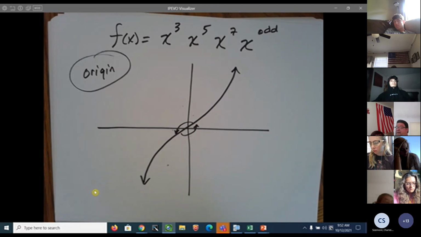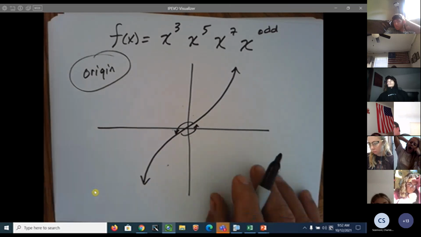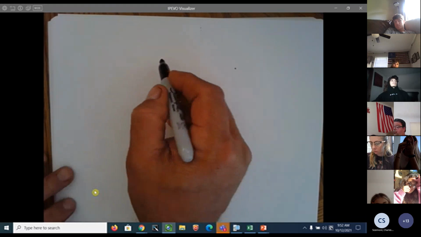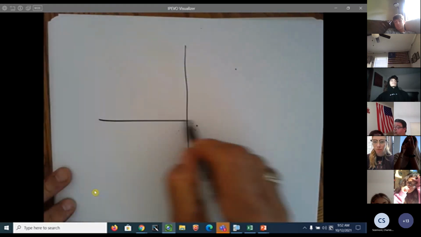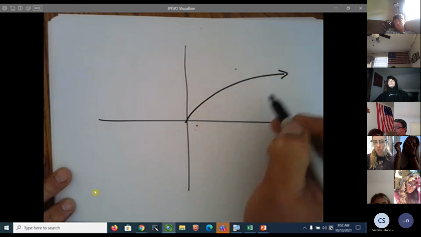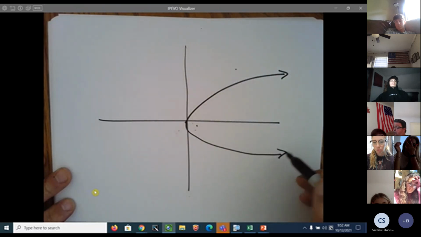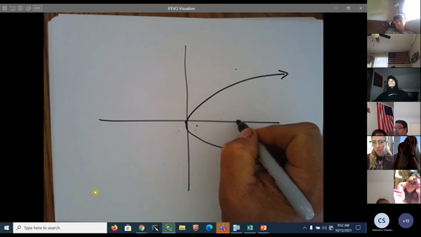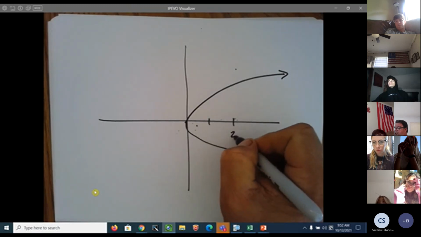Now, if you have a function that is symmetrical around the x-axis, it is usually not a function. It is usually like a hyperbola or a circle. I'm just going to use a hyperbola. And for every x, let's say this is x is equal to 2.